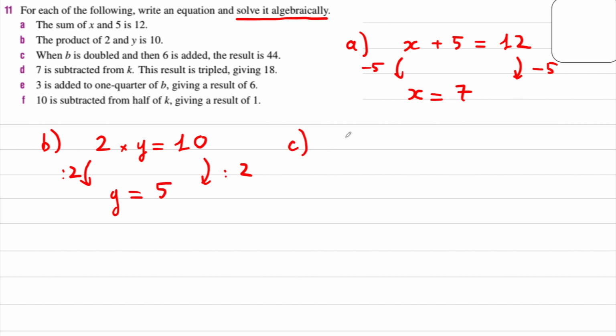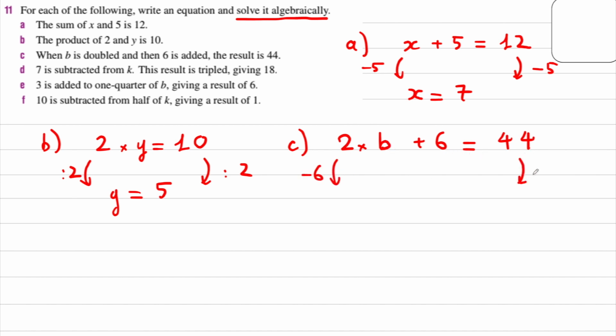Question C: B is doubled, then 6 is added, the result is 44. B is doubled means 2 multiplied by B, and then add 6, and the result is 44. So 2 times B plus 6 equals 44.